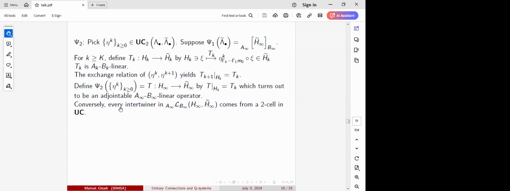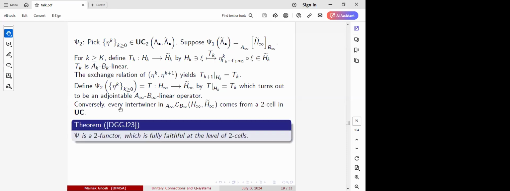Conversely, it can be shown that every intertwiner from H infinity to H infinity tilde comes from a two cell in UC. So we have this theorem that psi is a two functor which is fully faithful at the level of two cells.